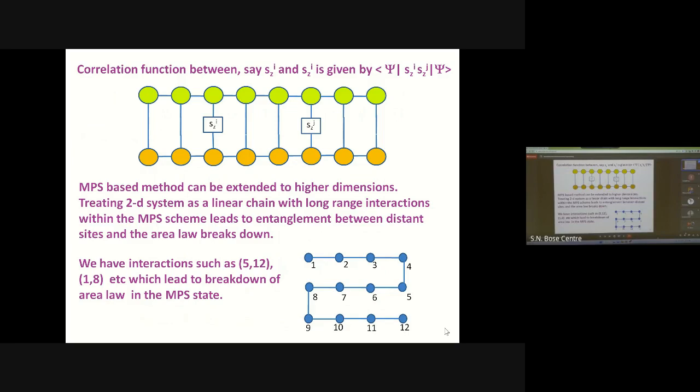Now, when you want to go to 2 dimensions, you can write the 2-dimensional system as though it's a 1-dimensional system and introduce interactions between 1 and 8, 2 and 7, 3 and 4, and so forth.